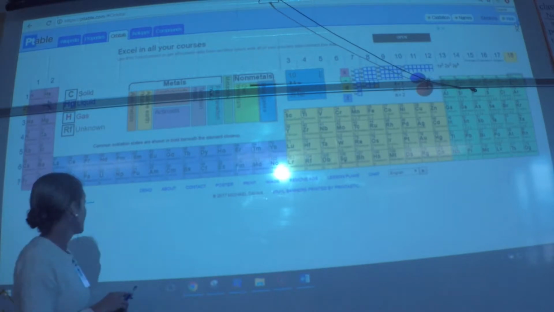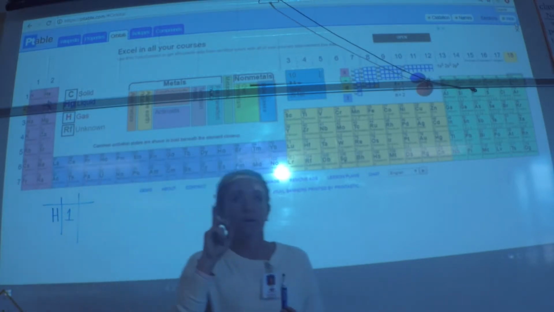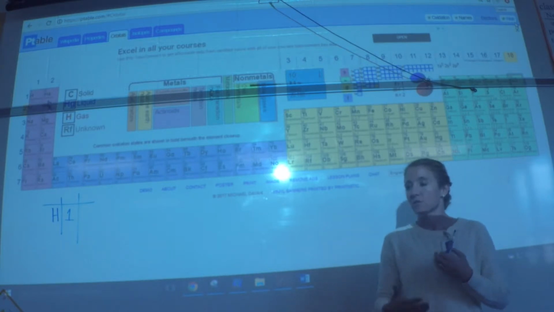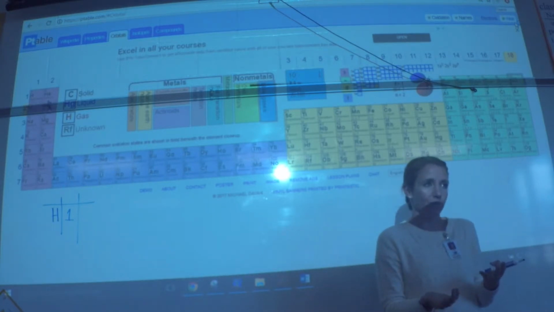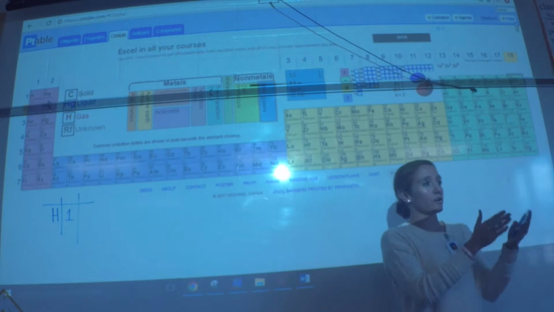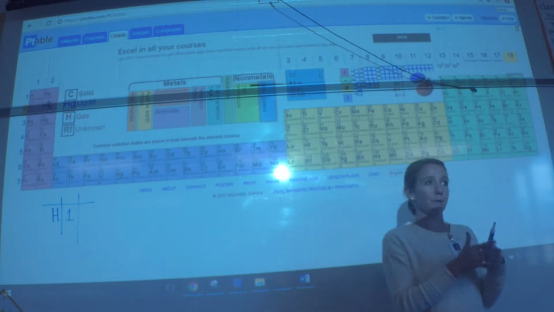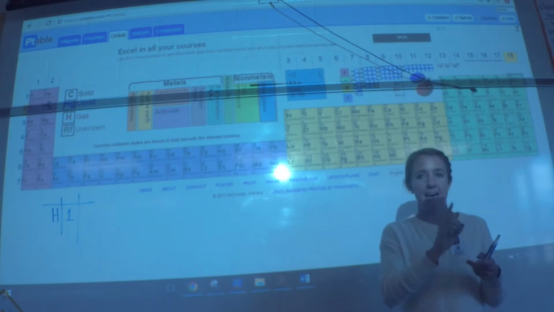Now we need to figure out where this one electron goes. So we go first to Aufbau's rule, because that tells us the order to put them in. What's the first room electrons always get put? The 1s.